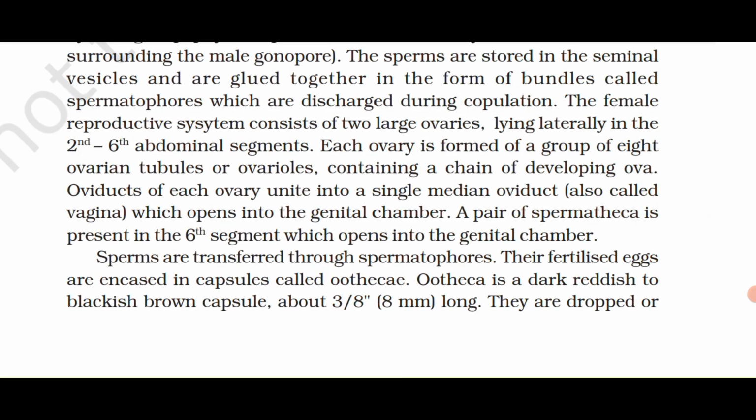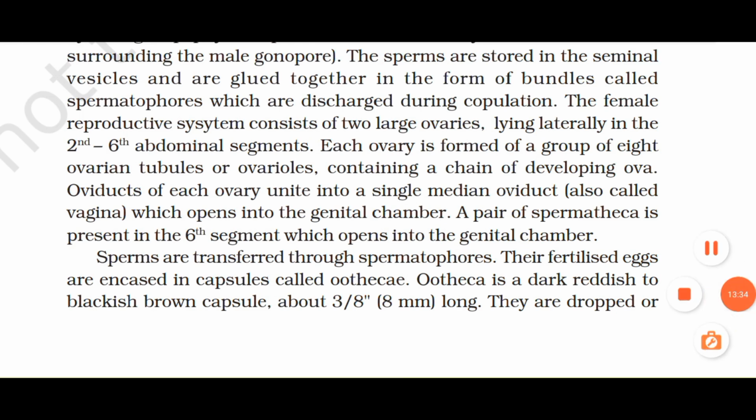Sperms are transferred through spermatophores. Their fertilized eggs are encased in capsules called ootheca. Ootheca is a dark reddish to blackish brown capsule about 3 by 8 millimeter long.